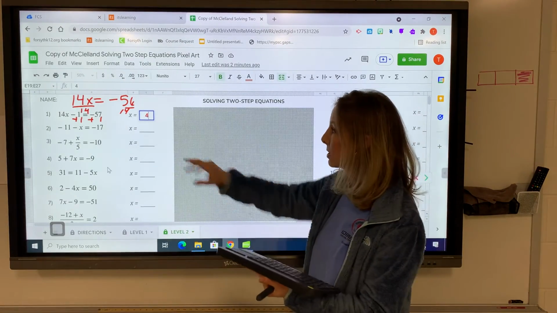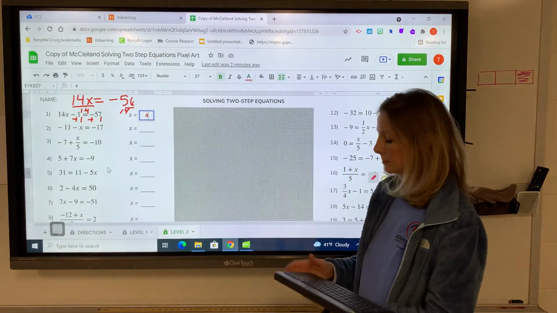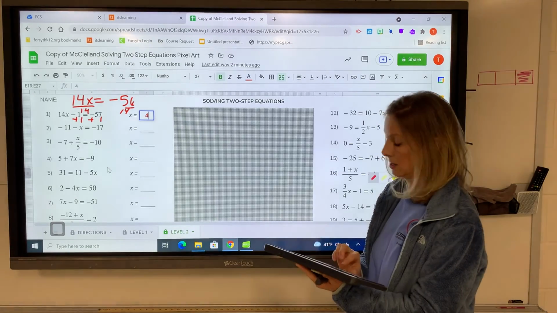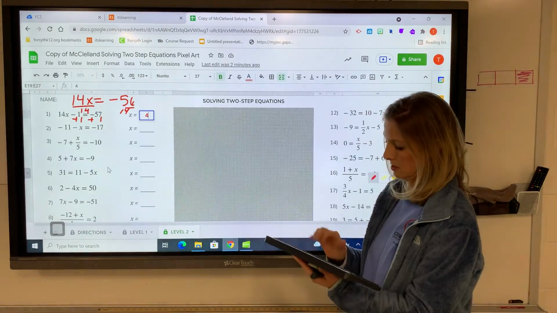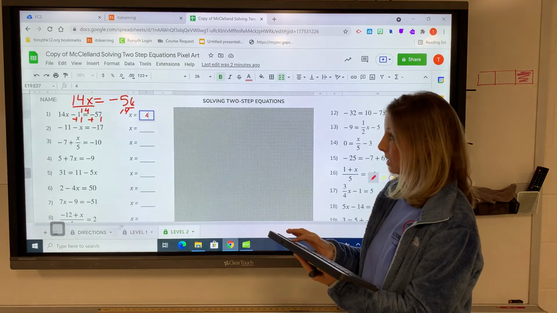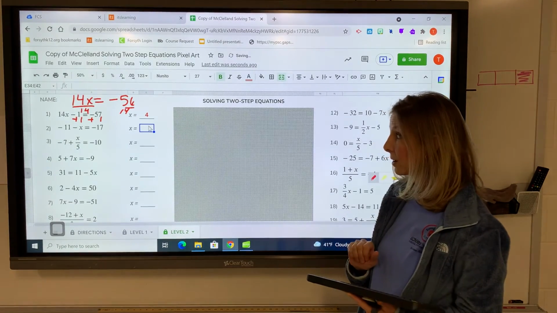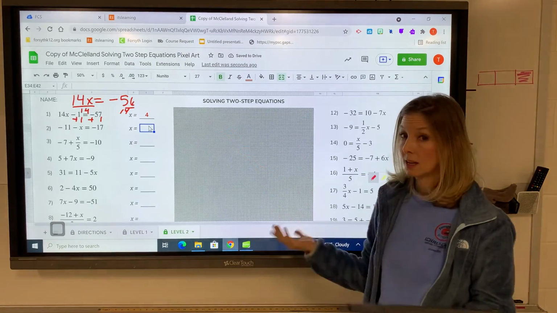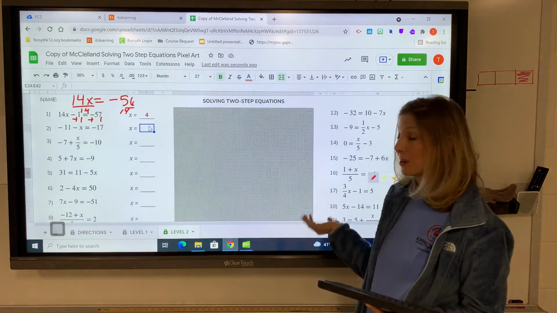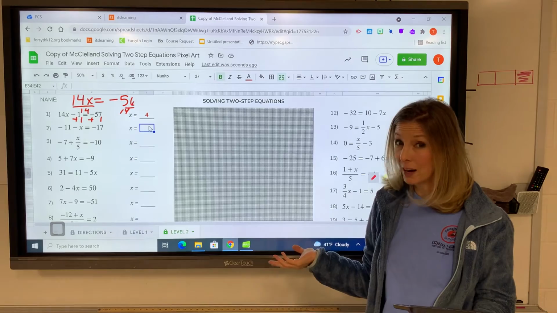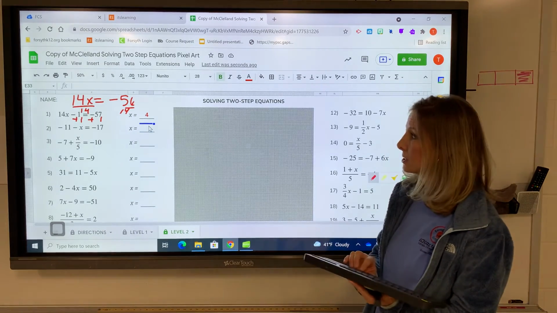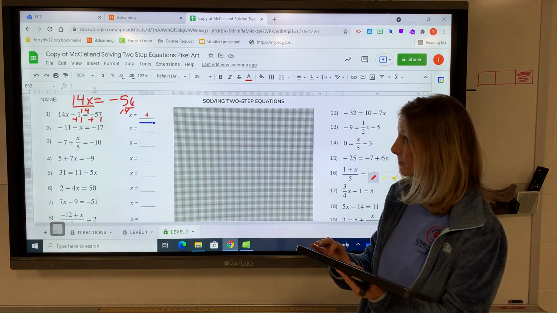So first, notice it showed up as red. And when I go on to my next problem, if I had the correct answer, 4, it would change colors. You'll notice it didn't change colors. Do I have the right answer? No. So I need to go back up to it.